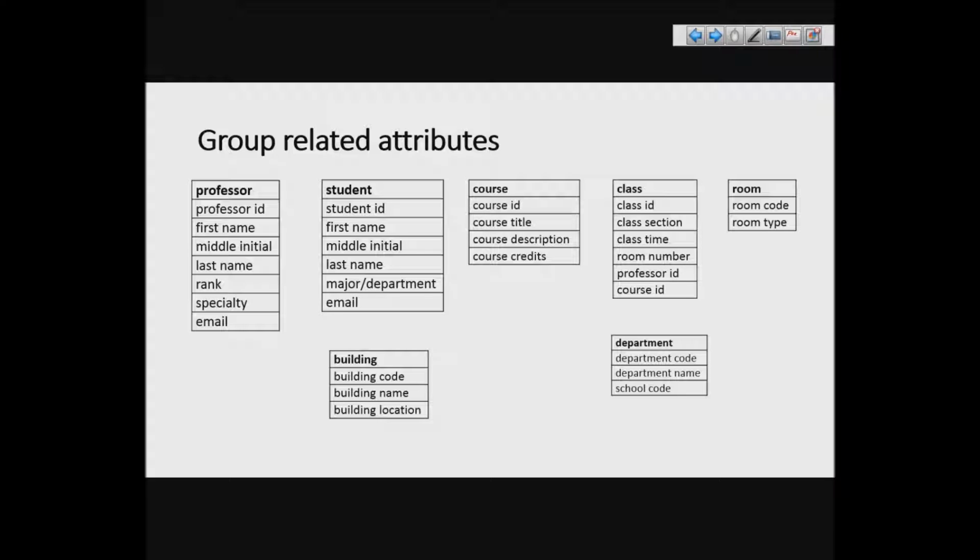Fish would be an entity? Yes, it is an entity. But is it relevant in this database? It is not. So that's why we select only those relevant entities. And if something is not relevant, not needed for us to do our job, then we ignore that entity.